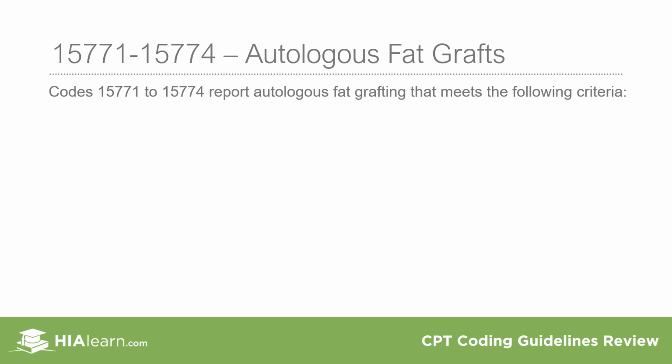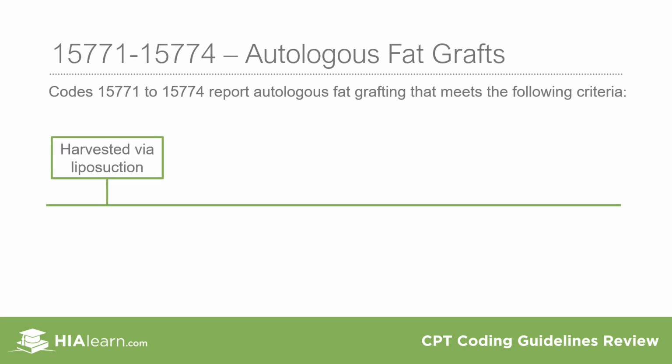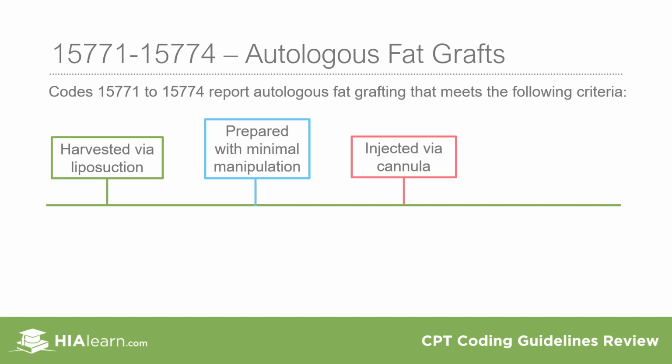Codes 15771 to 15774 report autologous fat grafting that meets the following criteria. The cells are harvested via liposuction, prepared with minimal manipulation, and injected via cannula in multiple small aliquots.